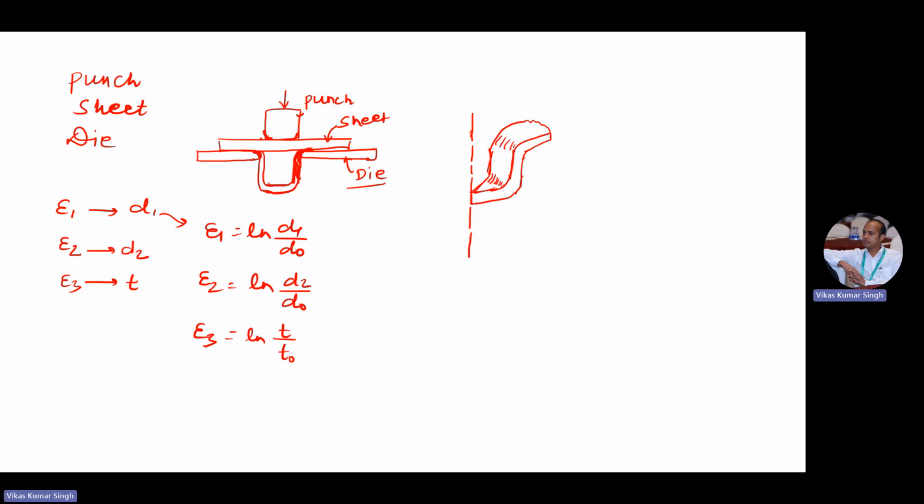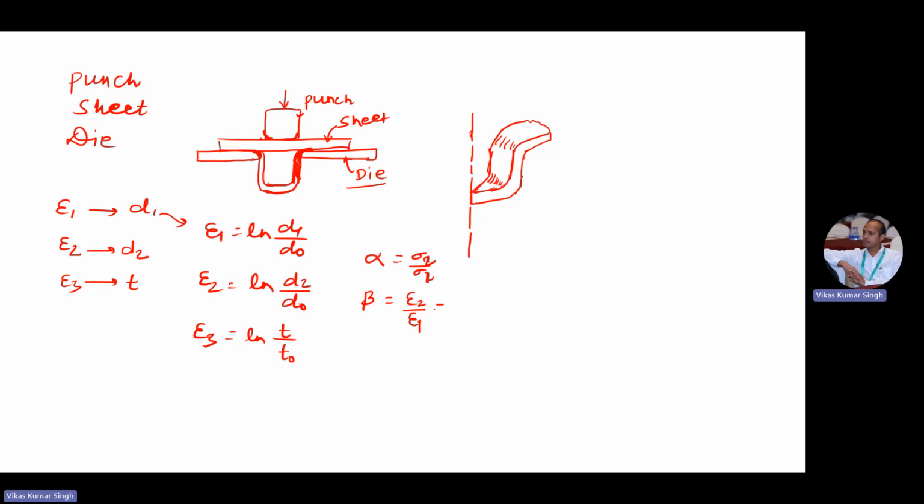The next part is the strain ratio. In previous classes it was already explained: stress ratio and strain ratio. The stress ratio was generally denoted by alpha, written as sigma 2 by sigma 1, and the strain ratio was beta, written as epsilon 2 by epsilon 1.